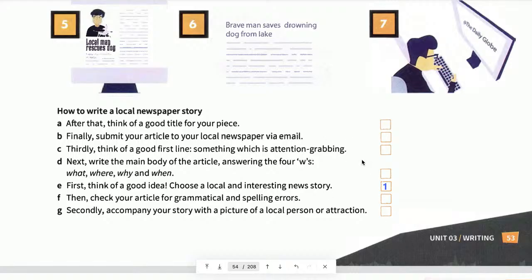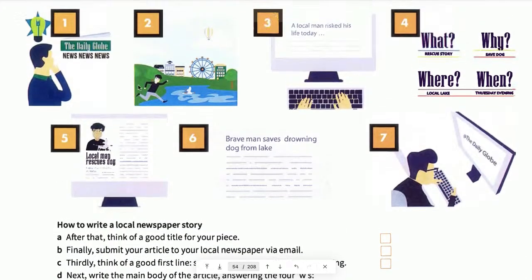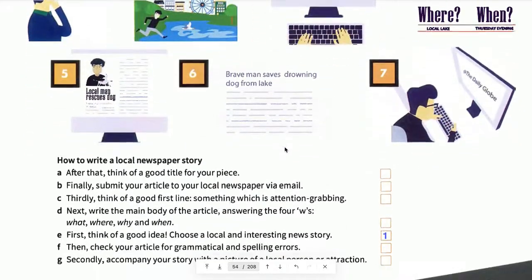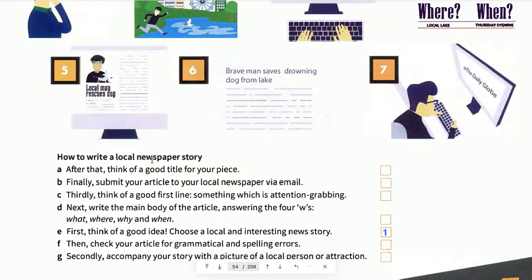Page 53. Okay, now you put all of the sentences from A to G in the correct order. You can have a look at all the pictures from 1 to 7 to help you how to write a local newspaper story. Okay?